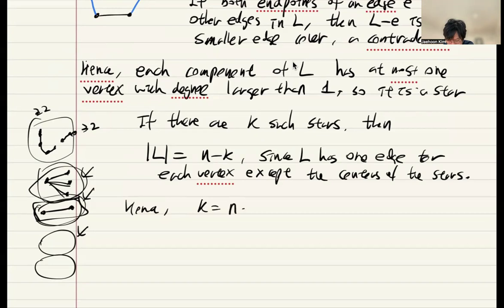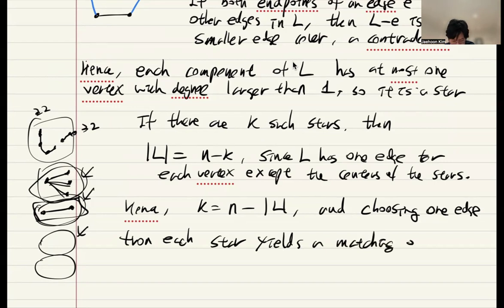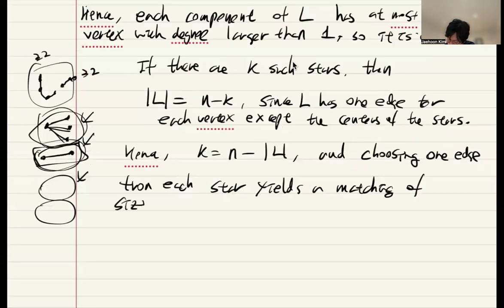k is n minus the size of L, and this k provides us a matching of size k. How? We choose 1 edge from each star. This yields a matching of size k, which is n minus beta prime of G, because L was the minimum edge cover.